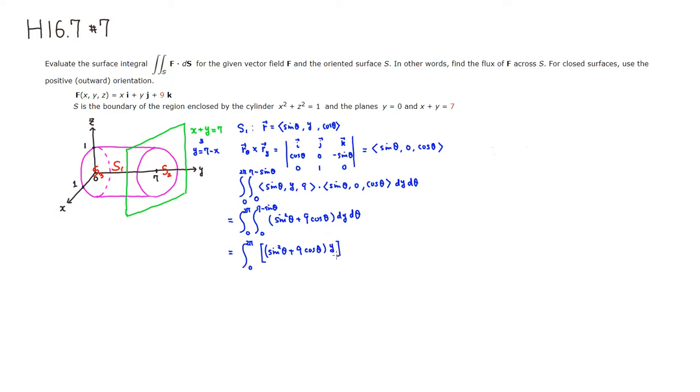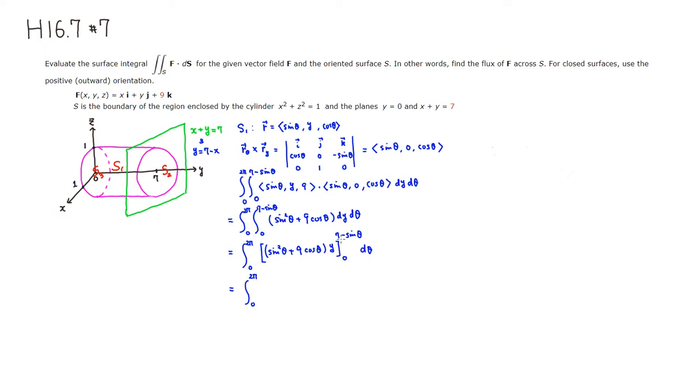Then you're going from 0 to 7 minus sine of theta, d theta. If you plug it in, from 0 to 2 pi, we just multiply sine squared plus 9 cosine of theta times the quantity 7 minus sine of theta.